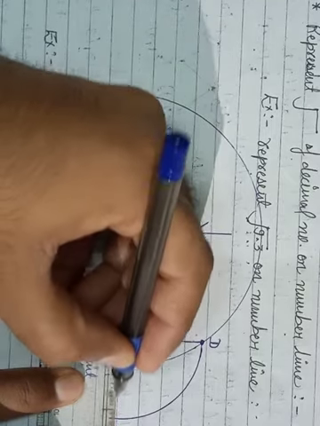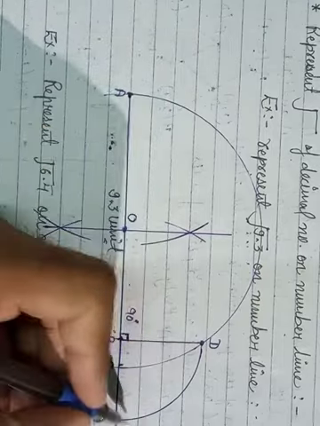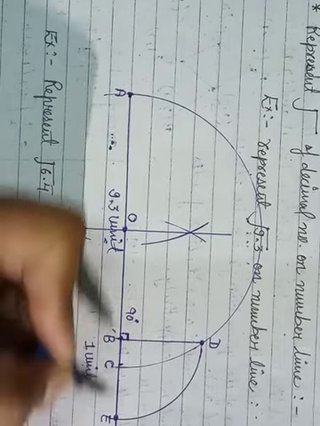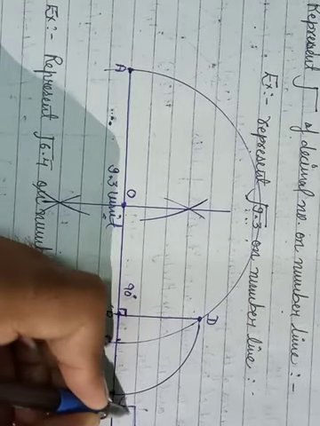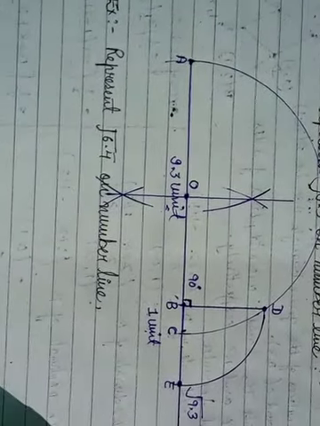When we produce the line AC, this meets the arc at point E. This point E represents the square root of 9.3. I hope you can understand.